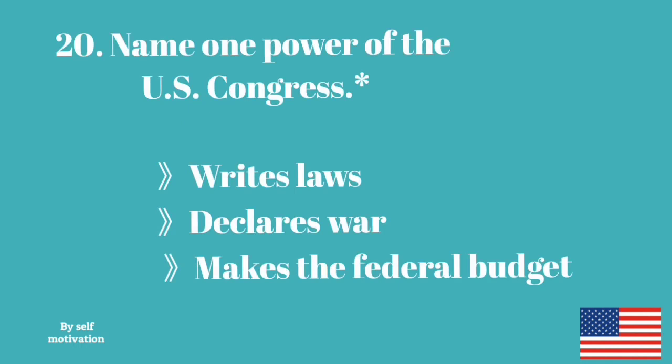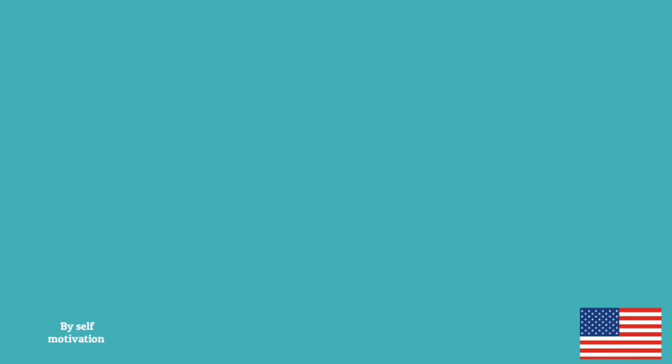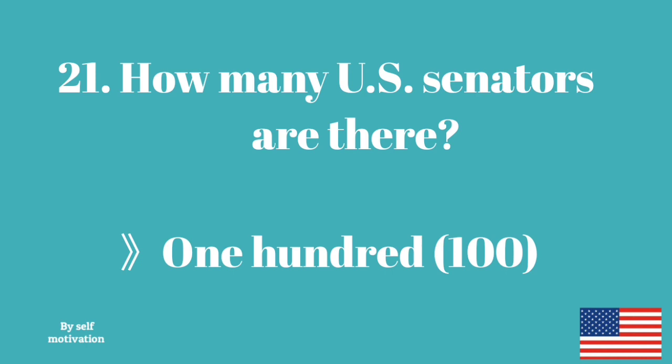Name 1 power of the U.S. Congress. Writes laws. Declares war. Makes the federal budget. How many U.S. senators are there? 100.